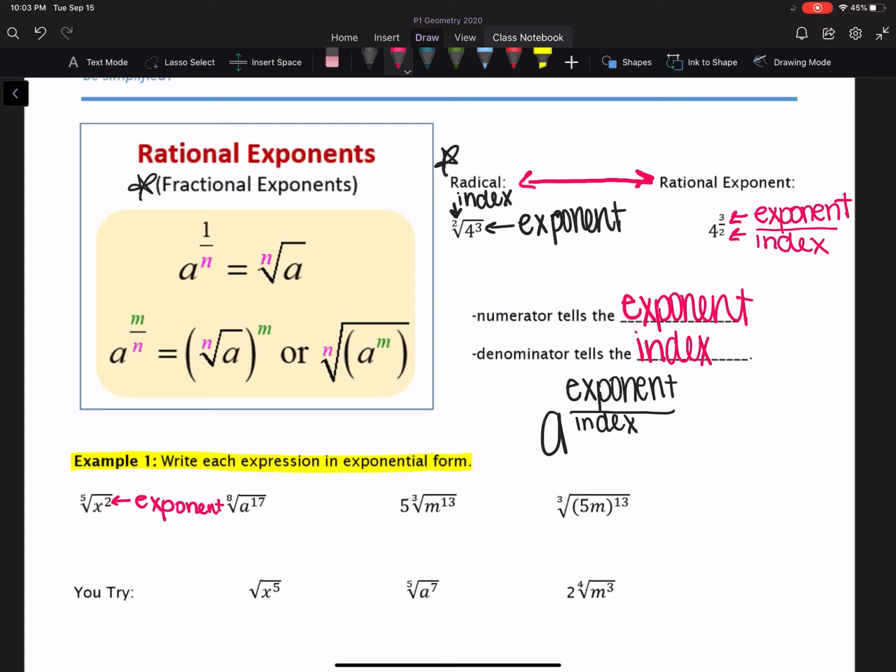So I know the 2 is going to be my exponent, and I know that the 5 is my index. So all I'm going to do is rewrite my base, which is my x. And I'm going to write my exponent, which is 2, over my index number, which is 5.